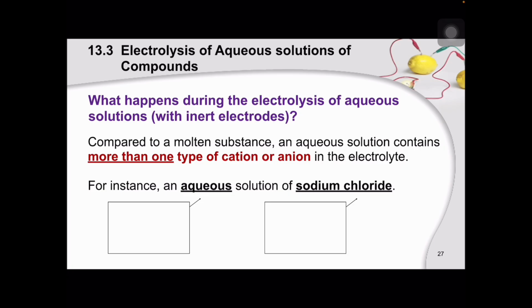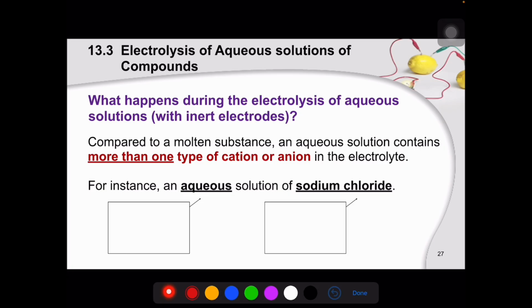To all students here, I would like you to take note that when you have an aqueous solution, what is different now is that there is now the H plus ion as well as the OH minus ion that will be present. Previously, when you look at the ionic compound, we were focusing only on the cations and anions of the ionic compound. In this case, because it's an aqueous solution, we are looking at aqueous sodium ion as well as aqueous chloride ion.